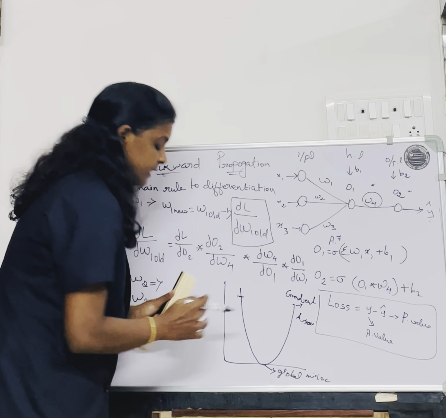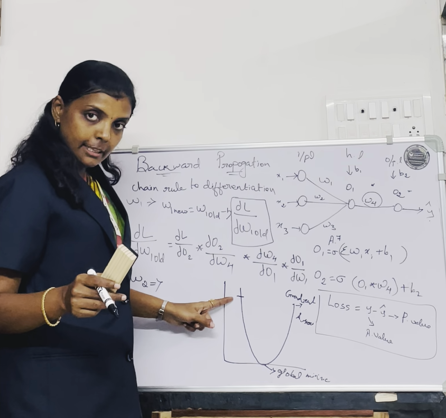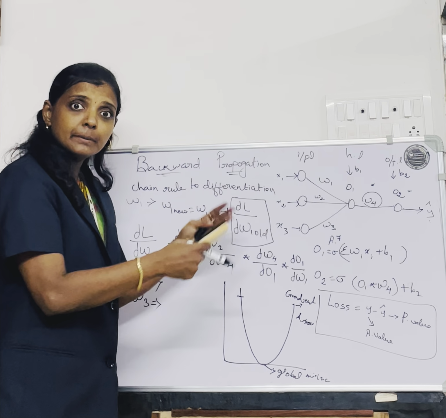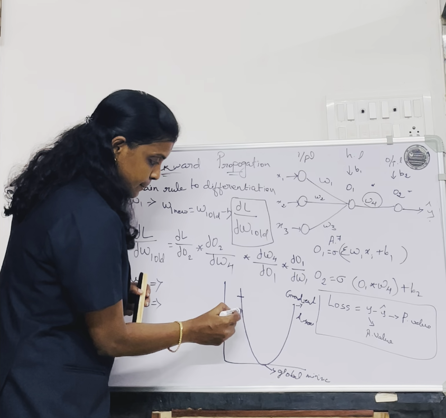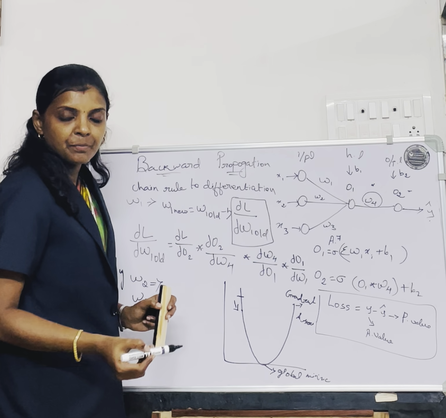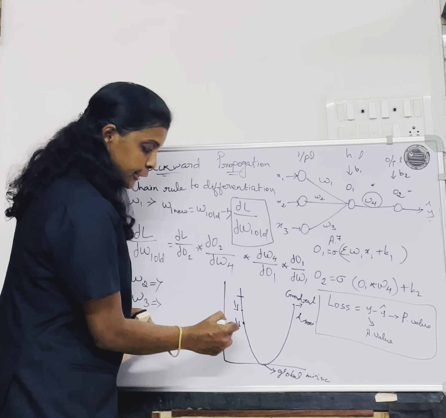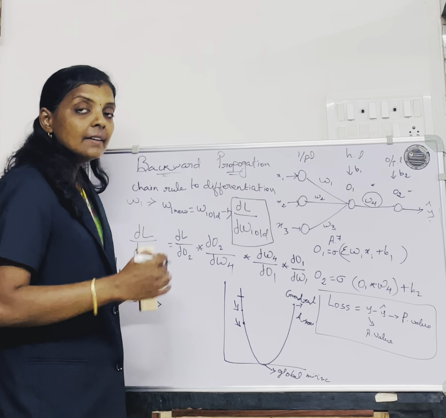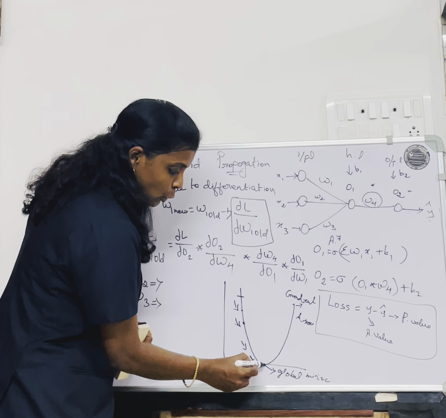For example, the first time you calculate the predicted value, the loss is here. Once you update and do the process, it will reduce in smaller steps. Then again you try, again it will reduce. So again and again we have to do it until we reach our global minima.